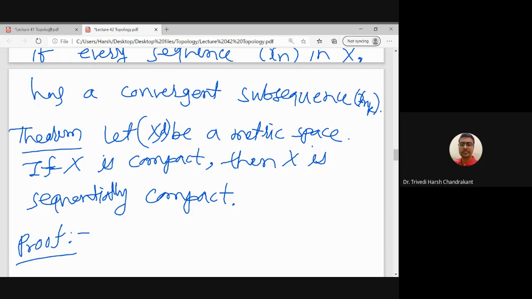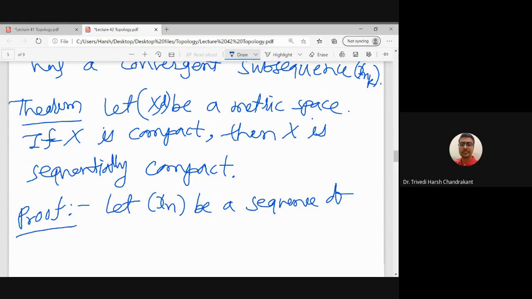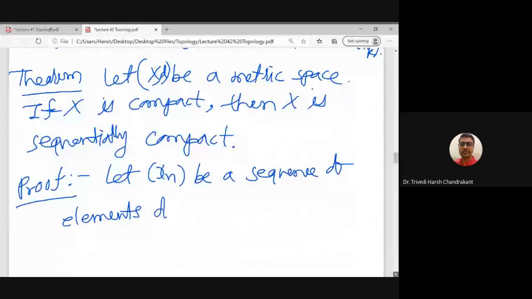To apply that theorem, we need a particular collection of subsets of X which satisfies the finite intersection property. And what we want to prove is that X is sequentially compact. So we need to prove every sequence has a convergent subsequence. Let us start with a particular sequence. Let xn be a sequence of elements of X, so it is a collection x1, x2, x3, and so on. From this, let us consider a collection of sets.